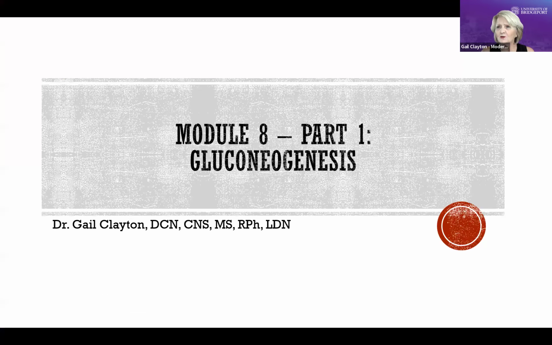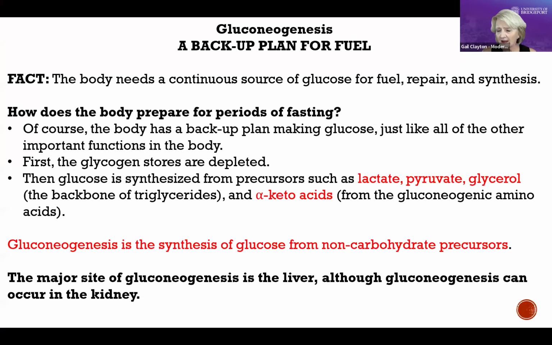Okay, so the body has multiple backup redundant pathways because we have to have a continuous source of glucose for fuel, repair, and synthesis of lots of things, like red blood cells. It starts with glucose.